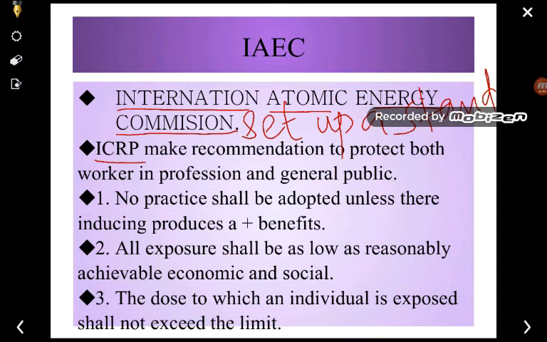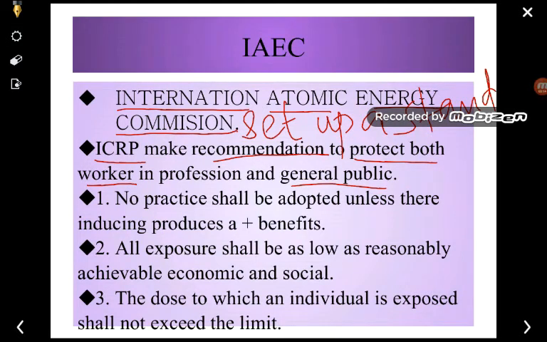ICRP means International Commission on Radiological Protection, as we have already discussed in the last slide. It makes recommendations to protect both the worker in the profession and the general public. इनका काम क्या होता है? It protects the workers who are working in the premises of the nuclear power plant as well as the general public.